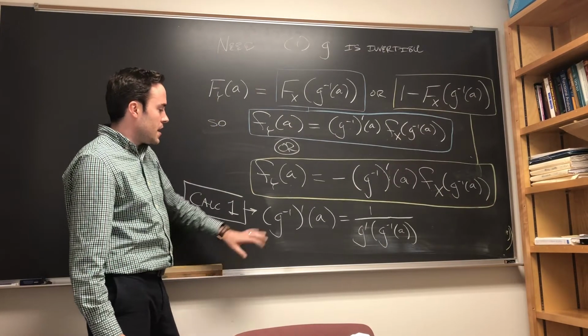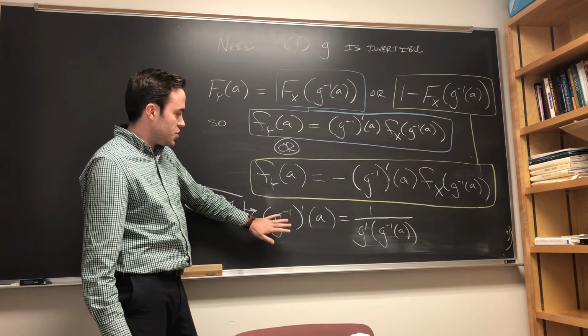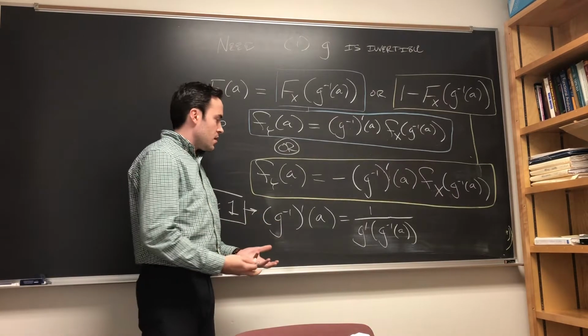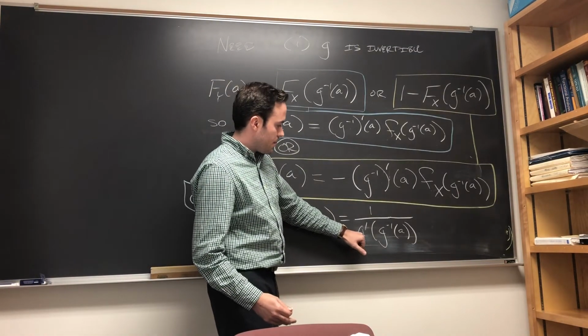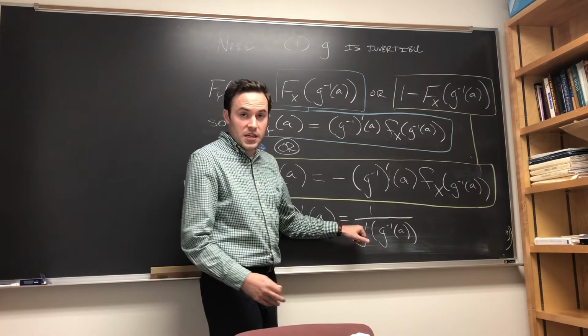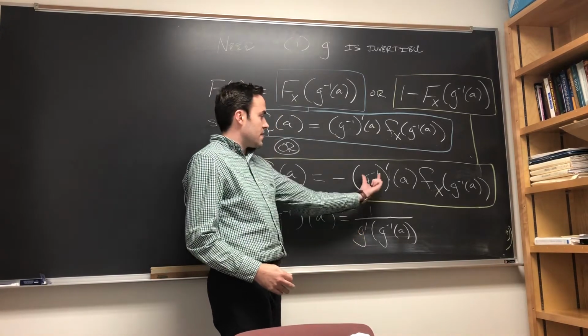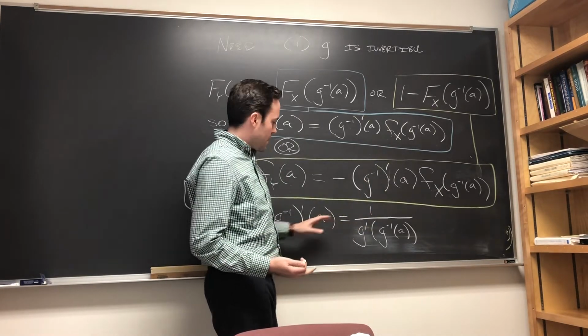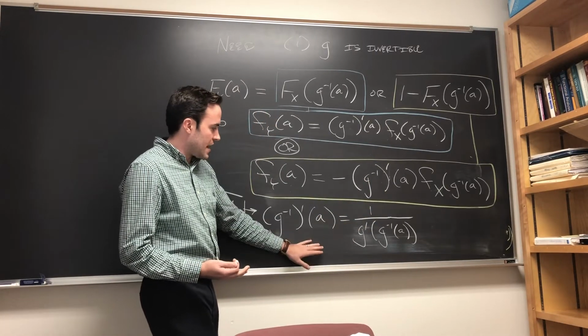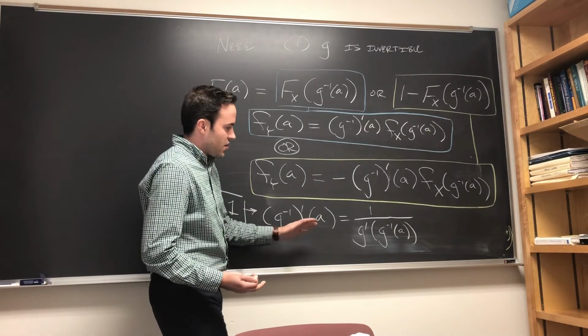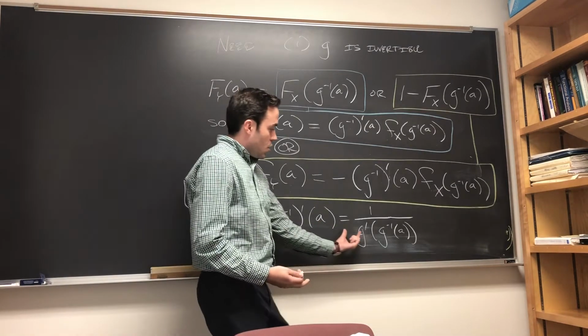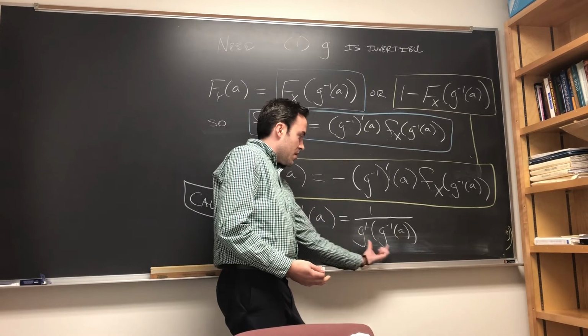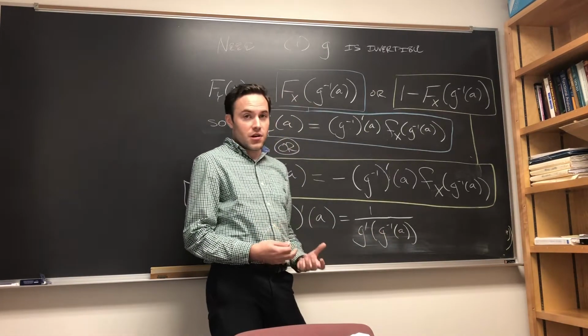So not only do we need G inverse to exist to begin with, but we also need it to be differentiable, right? We need this derivative to exist. Otherwise, we can't really talk about this. If you unpack the statement, it's really saying that G inverse is going to be differentiable when G prime of G inverse is not 0, right?